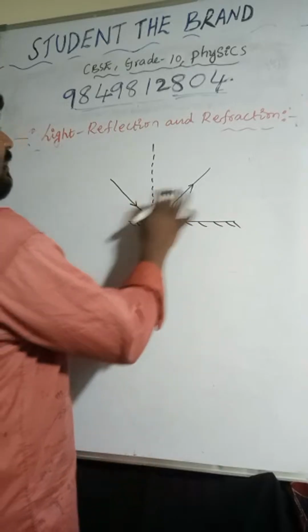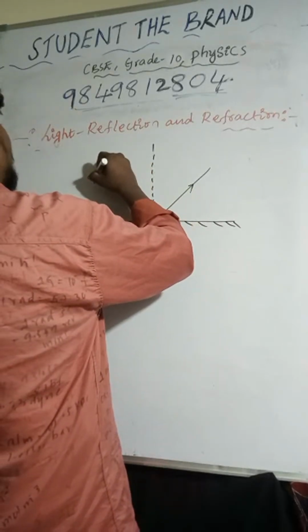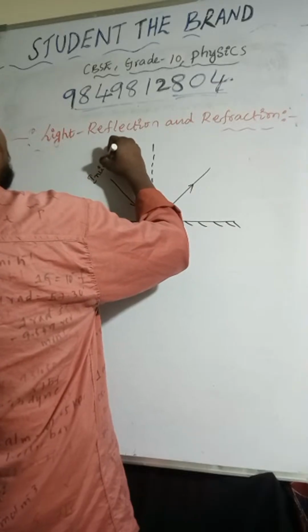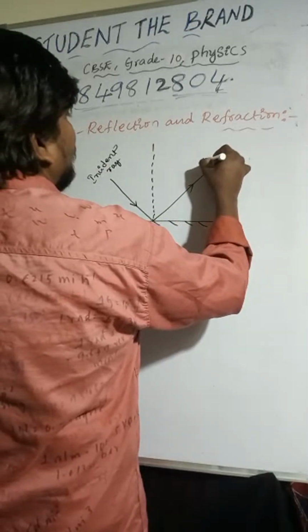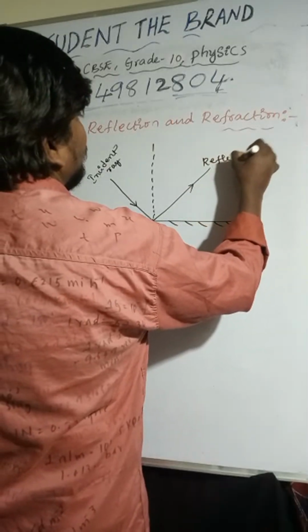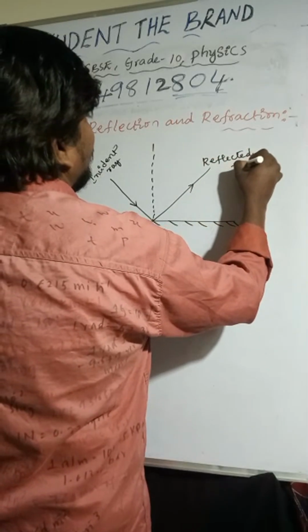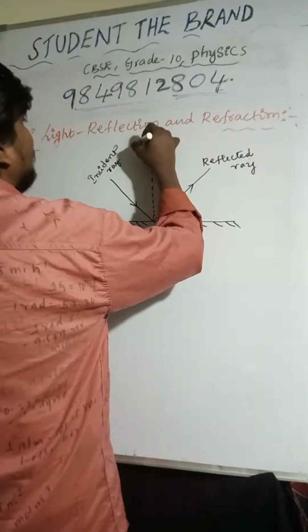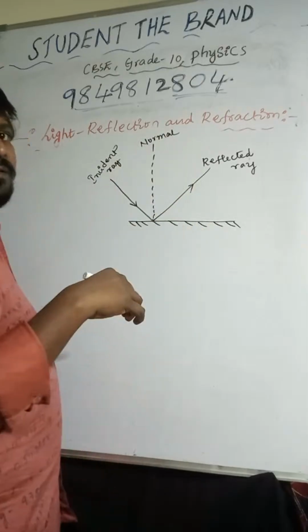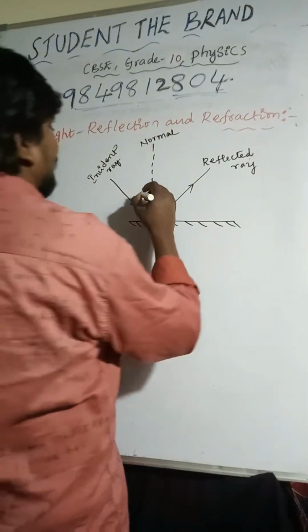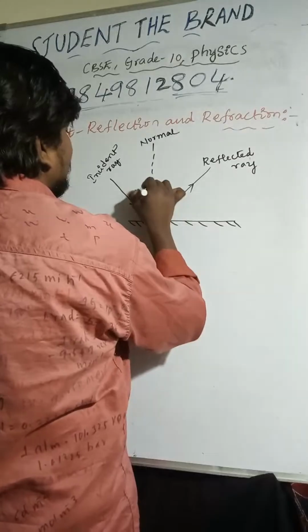So this is the incident ray, and this one is the reflected ray, and this one is considered as a normal line. The angle between incident ray and normal line is called angle of incidence.